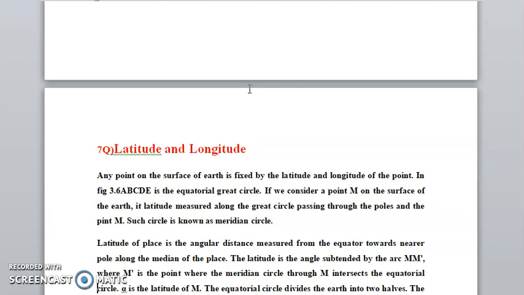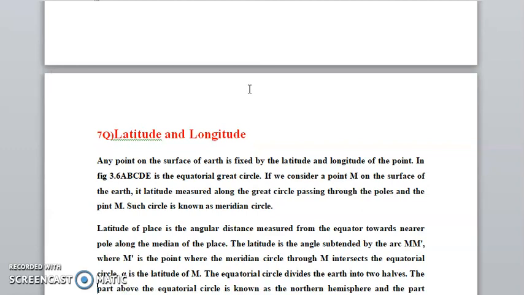The latitude of a place is the angular distance measured from the equator toward the nearer pole along the meridian of the place. Latitude is the angle subtended by the arc MM dash, where M dash is the point where the meridian circle through M intersects the equator.